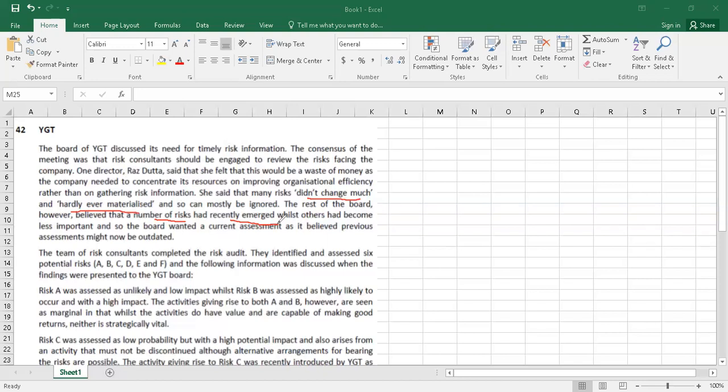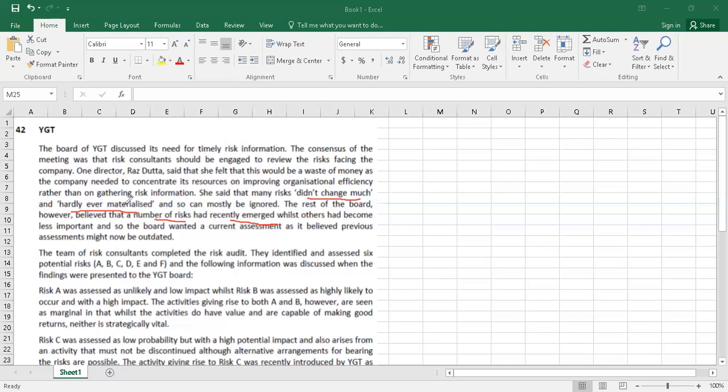So criticism will take place about her statement. Divide the statement into two parts: her opinion that risk didn't change much and hardly ever materialized. Both of them, criticize in terms of why would they not happen. The external environment is changing, that is what is expressed by the rest of the board of directors, that new risks have emerged, therefore they have to be taken into account to understand what's the impact.